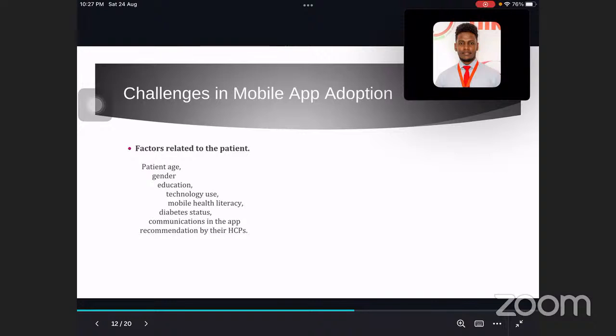Also, mobile health literacy: the higher the mobile health literacy of the patient, the more likely they are to adopt or use the mobile app to manage their condition. And diabetes status: with a more acute diagnosis of the condition, the patient is more likely to adopt the mobile application to help manage his condition.